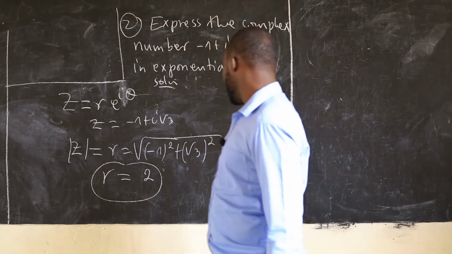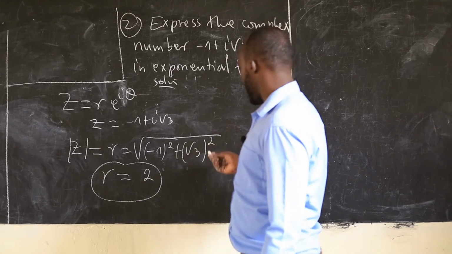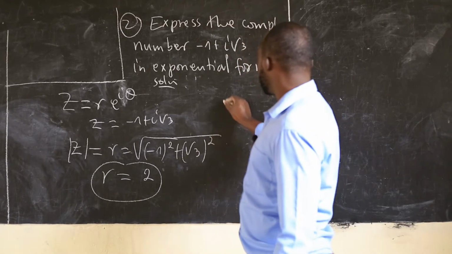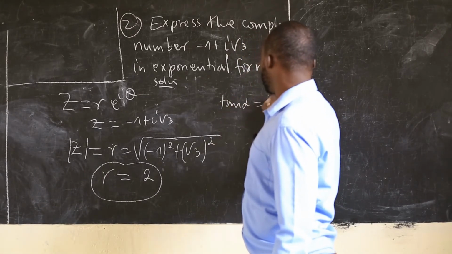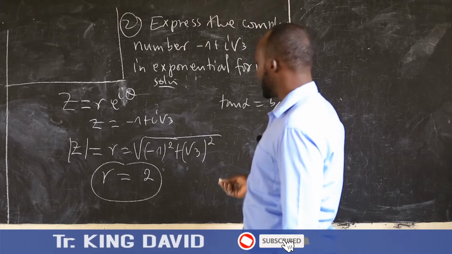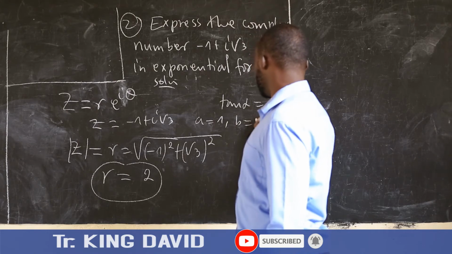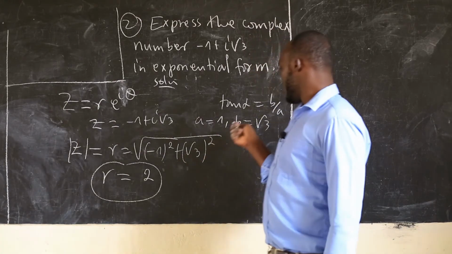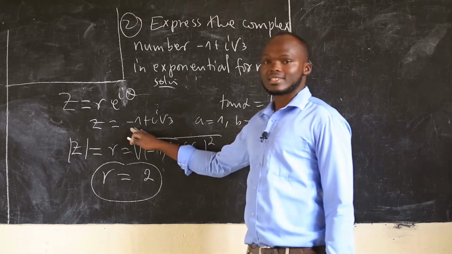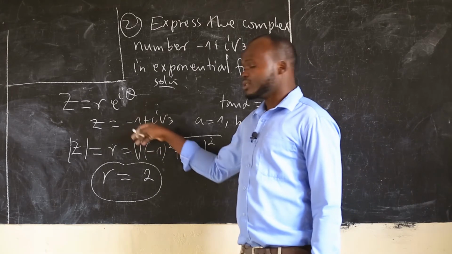So after getting r equal to 2, what will be our argument of z? So tan alpha equal to b over a. But as you can see, let's say a equal to 1, b equal to root 3. When you're looking for the argument, we don't use the negative sign. We just use positive.